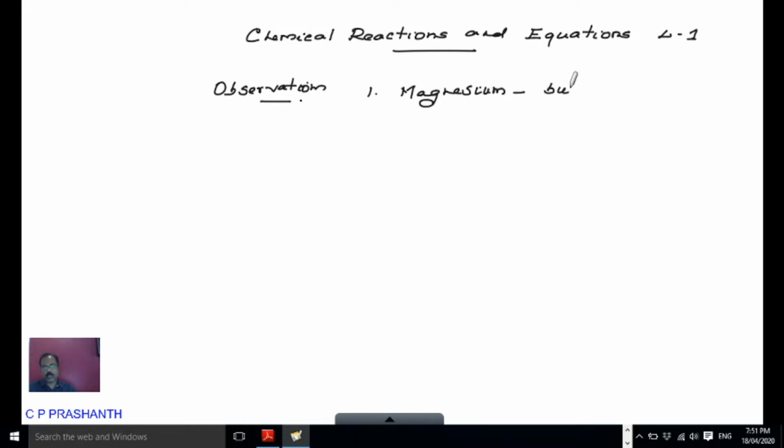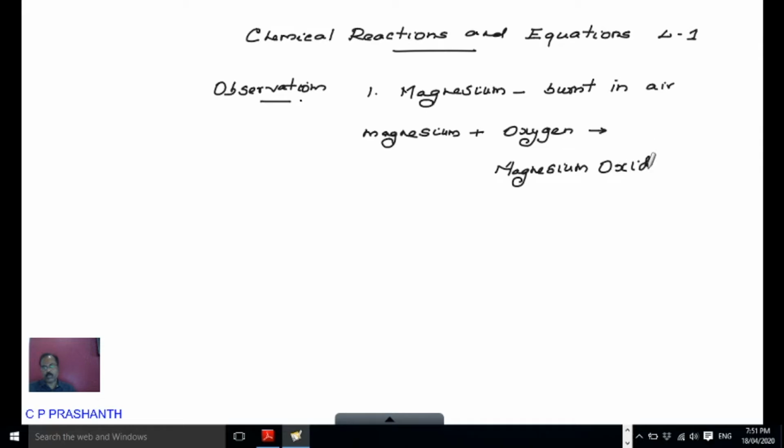When magnesium burned in air, you have seen it gives a white substance after the reaction, which is magnesium oxide. This magnesium oxide is formed by the reaction between magnesium and oxygen.